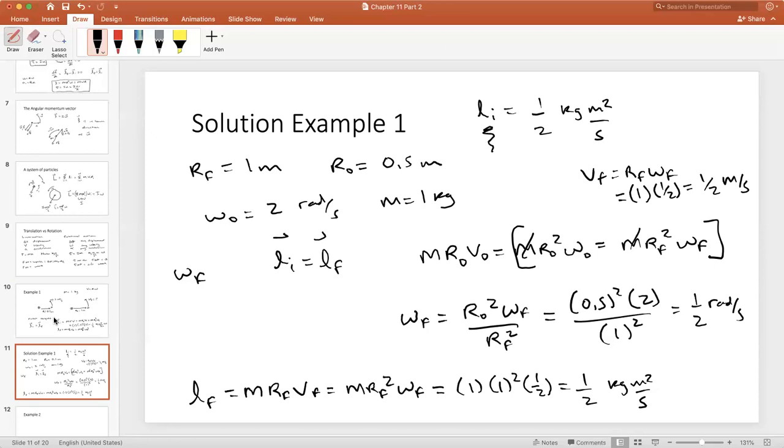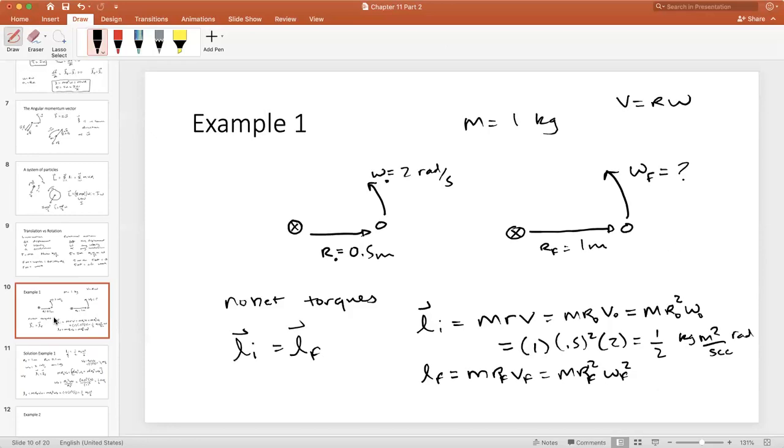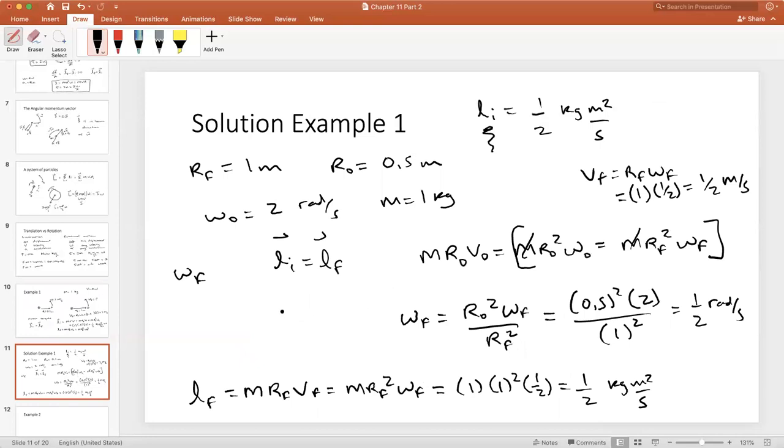Let's go back and check one thing. So the initial velocity here, V initial, would have been R initial omega initial, and R initial was 0.5, and omega was 2, so this was 1 meter per second. So if we go back and look, V initial was 1 meter per second, and V final is 1/2 meter per second.